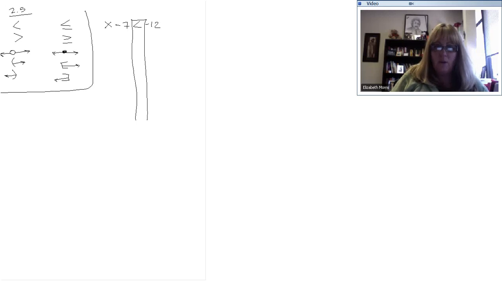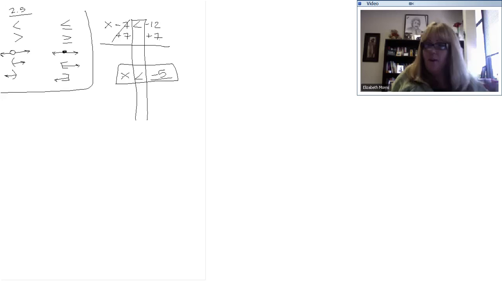And we still want x is less than something. We still need to solve. Well, right now, the only thing in the way is the negative 7. So to move it to the other side, we would add. That would cancel out. You'd be left with x less than, and negative 12 plus 7 is negative 5. So there is your answer.